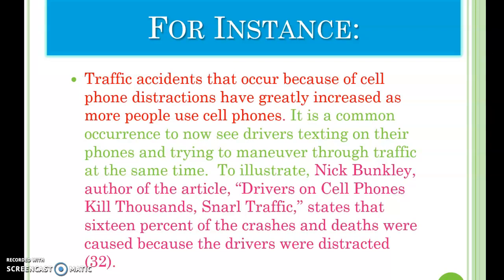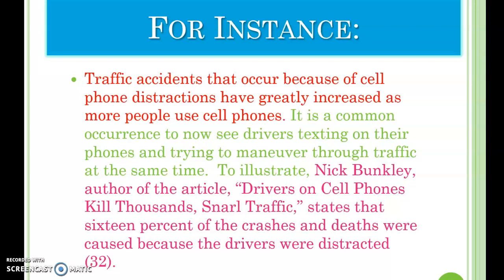Here's the topic sentence. Traffic accidents that occur because of cell phone distractions have greatly increased as more people use cell phones. It is a common occurrence to now see drivers texting on their phones and trying to maneuver through traffic at the same time. You can see that that explains the topic sentence in more detail.